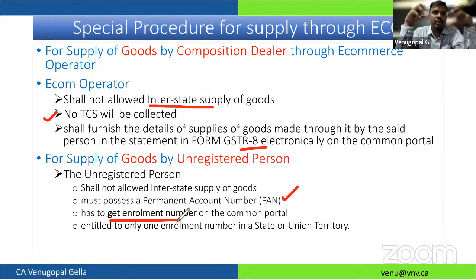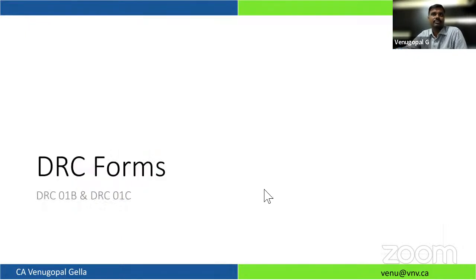So if you want to do business inside 5 states, you can take 5 different enrollments, but in each state you will only get one enrollment. They will give you a GST number, but you will not have a login and liability to pay taxes like a regular taxpayer. There is a separate form, ENR1, to get the enrollment number. This is for the unregistered person.